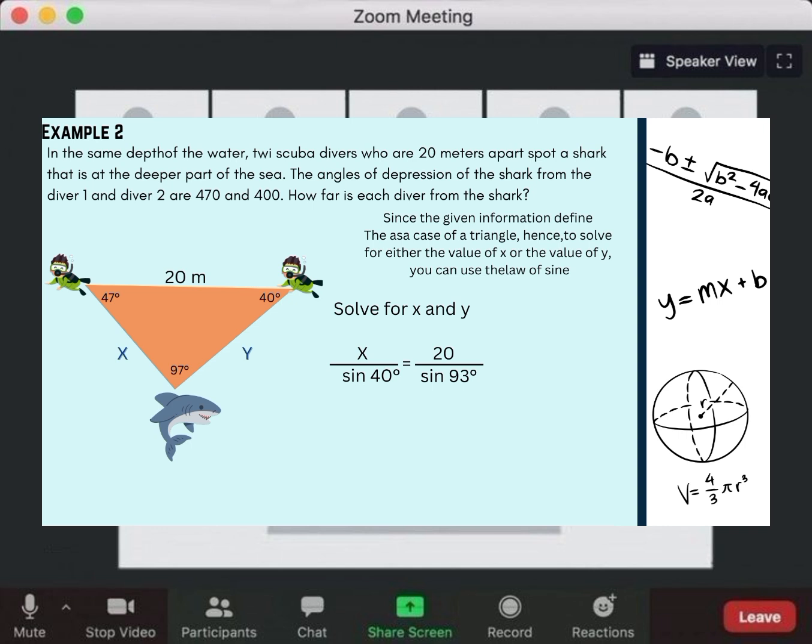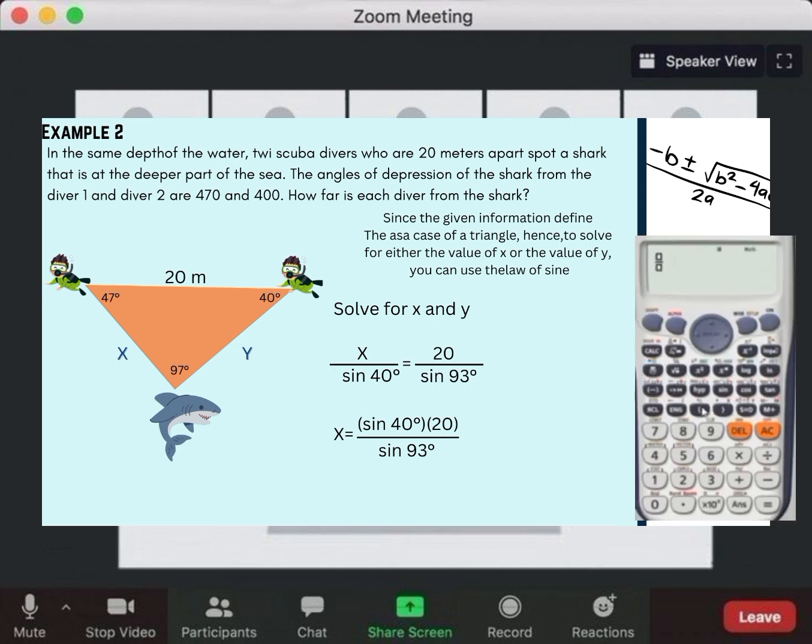Next is cross multiply, which is x equals sine 40 degrees times 20 over sine 93 degrees. So now let us solve. Click sine 40 degrees times 20, arrow down, sine 93. Then equals, the answer is 12.87 meters. So x equals 12.87 meters.